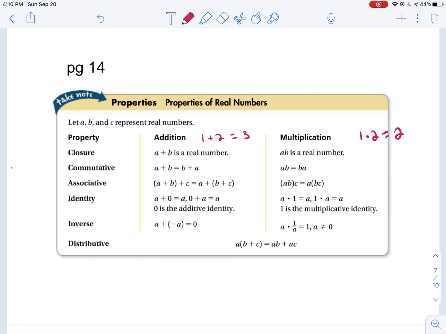Commutative property, the word I want you to think of is order. Okay? The order does not matter in addition or multiplication. Meaning if I add A plus B, you're going to get the same answer as B plus A. So if you ever see the order of the numbers themselves switch, you know you have the commutative property. Associative property talks about grouping.